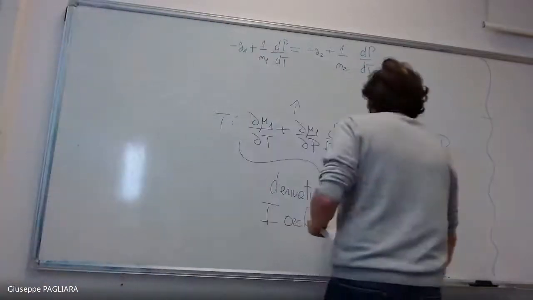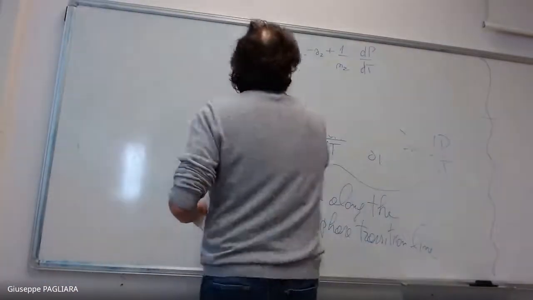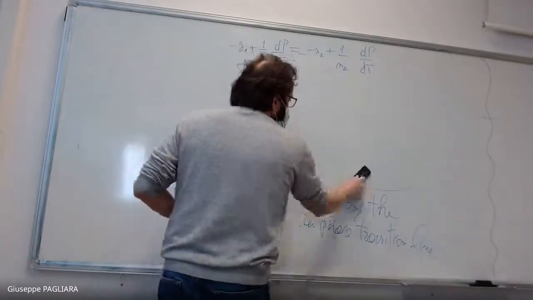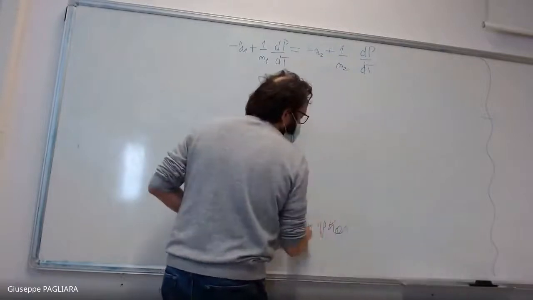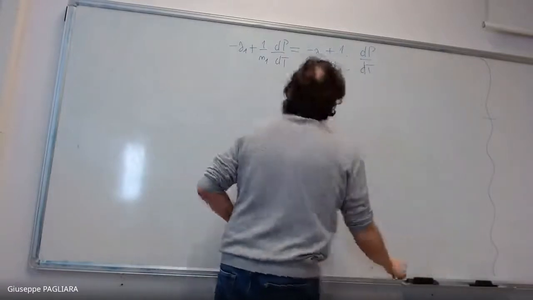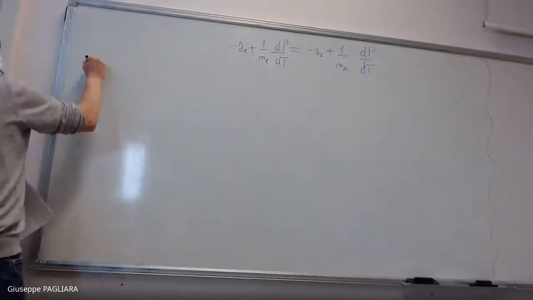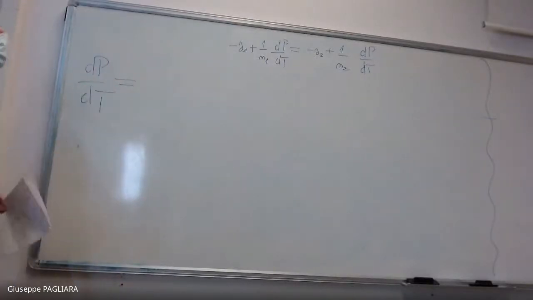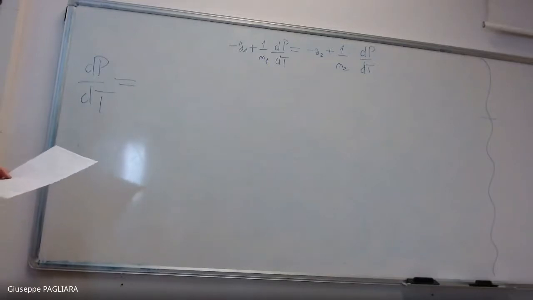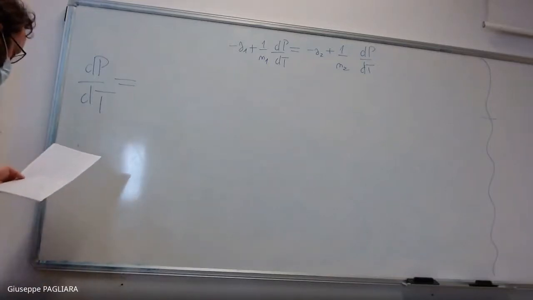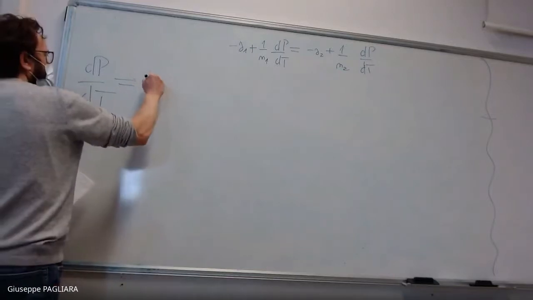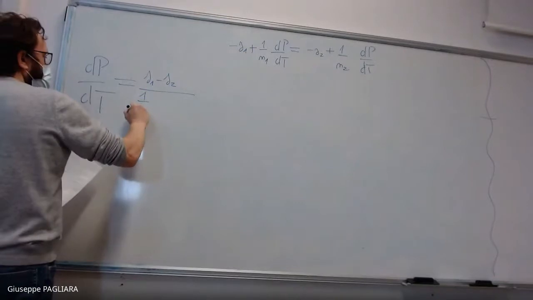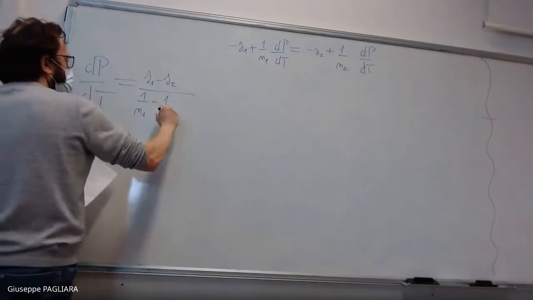Which at the end provides, I can find from this equation the derivative of P with respect to the temperature, which is the slope of the first order phase transition line. So the derivative of P with respect to temperature is equal to, let me write the result finally, S1 minus S2 divided by 1 divided by N1 minus 1 divided by N2.